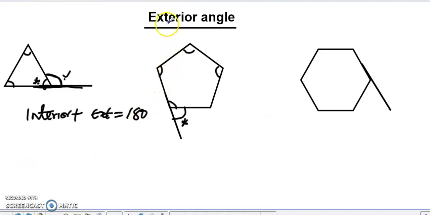We also looked at the exterior angle. The exterior angle and the interior angle give us 180 degrees because it is an angle on a straight line.